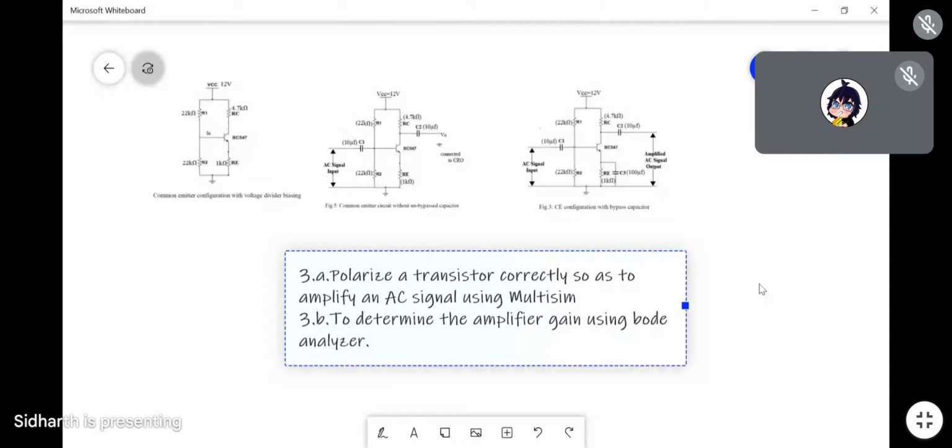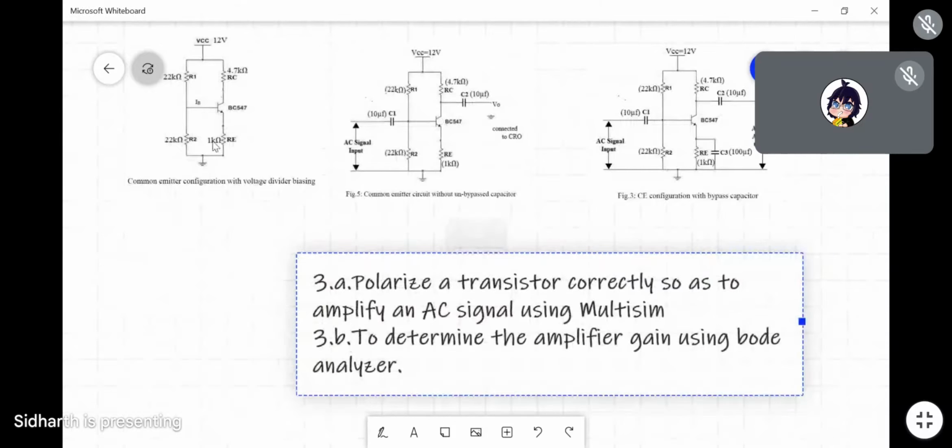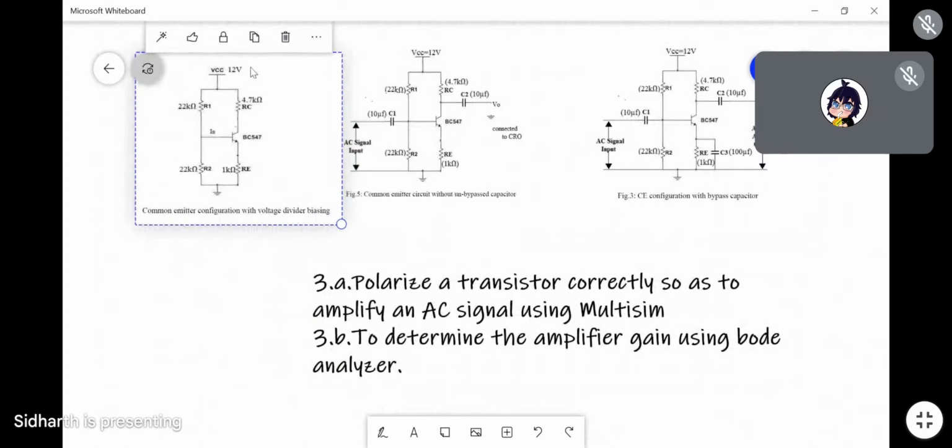Basically, the first part is to perform the transistor as an amplifier circuit. That means you will go for the small signal analysis of the transistor. Okay, common emitter transistor. This is your voltage divider circuit of the common emitter configuration, and you have to use this circuit for the DC analysis and for the AC analysis.